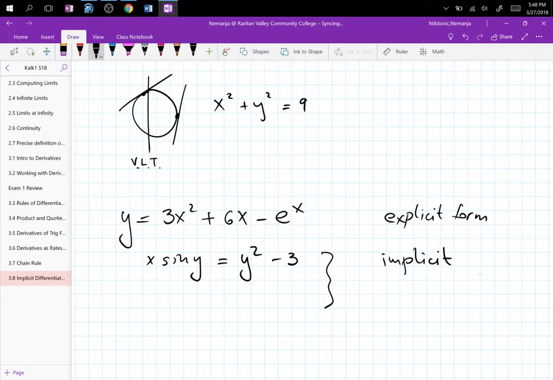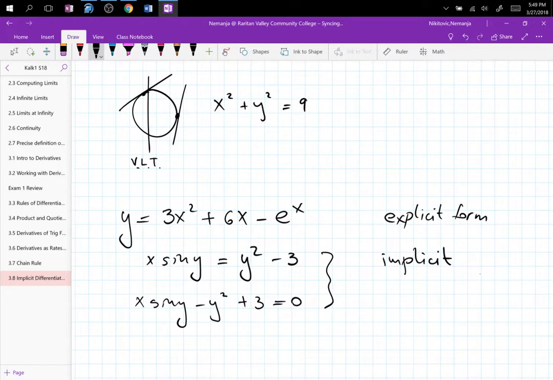So I can write x sine y minus y squared plus 3 equal to 0. And this would be implicit form. There is no way to isolate y from here and make everything y equals as a function of x, because the curve that you're seeing is not a function.